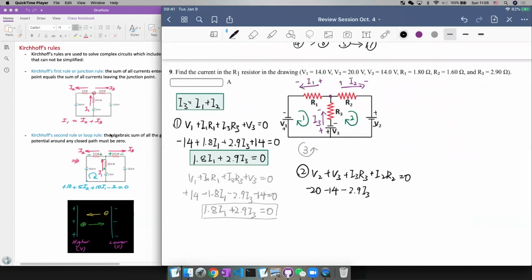And then we have R2, still a loss. So it's minus 1.6 I2 equals 0, right?